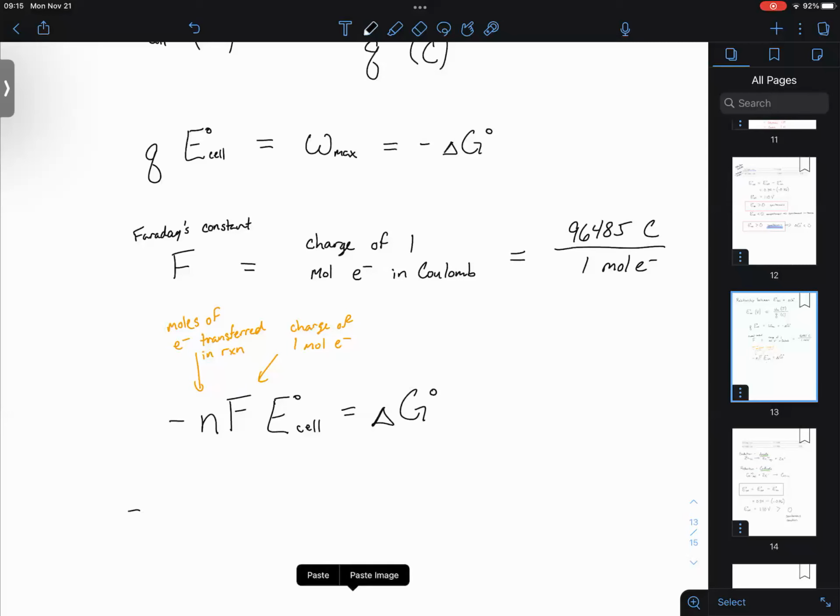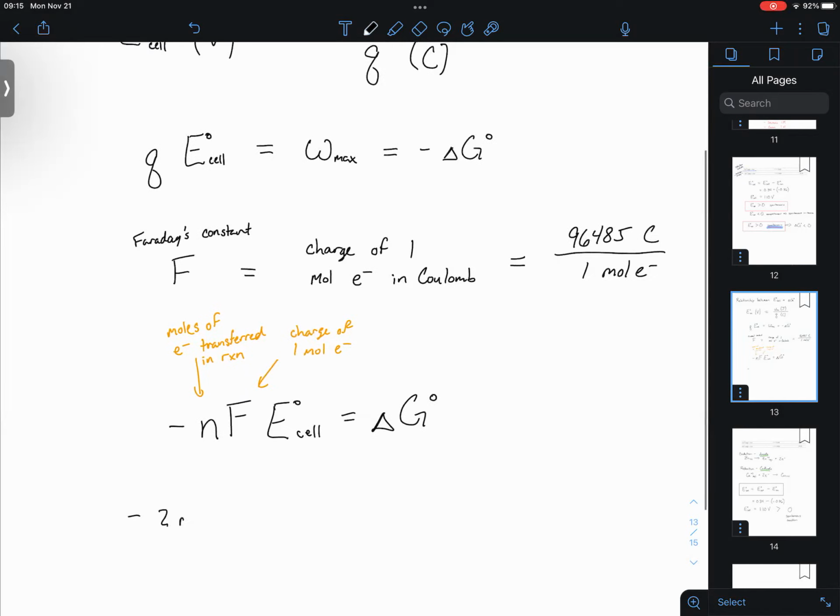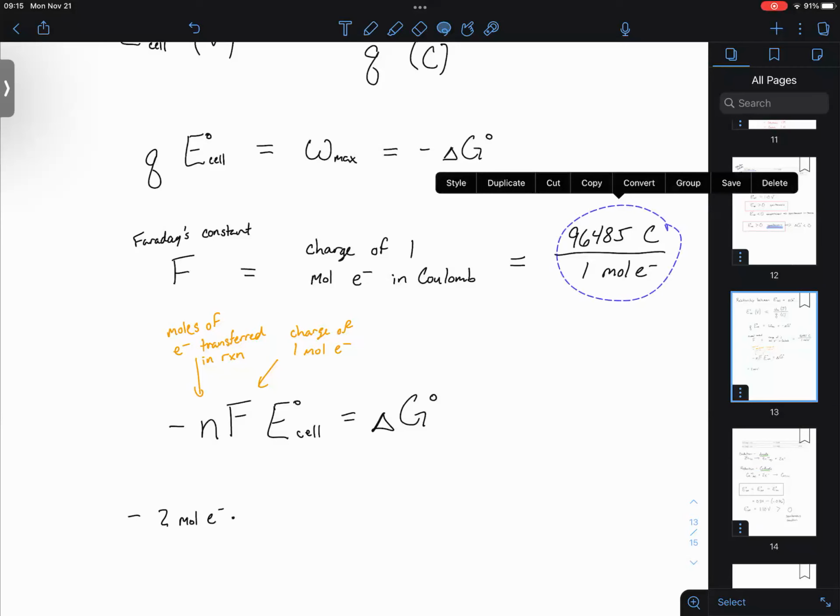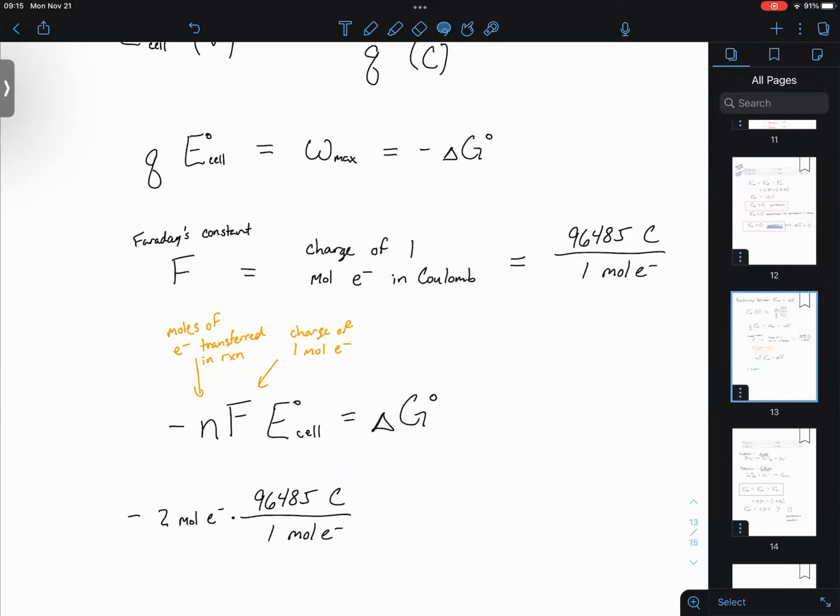All right, so if we're going to be good, we're going to plug in. I'm going to do it with my units here so we can see explicitly how I'm getting this. That N stands for 2 moles of electrons times that Faraday's constant, which is the number of the charge, right? Remember, that's what we're measuring in coulombs, the charge of 1 mole of electrons.